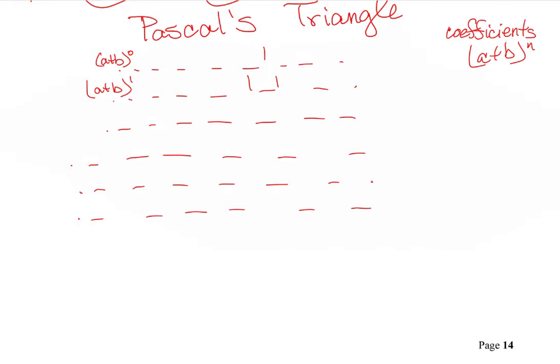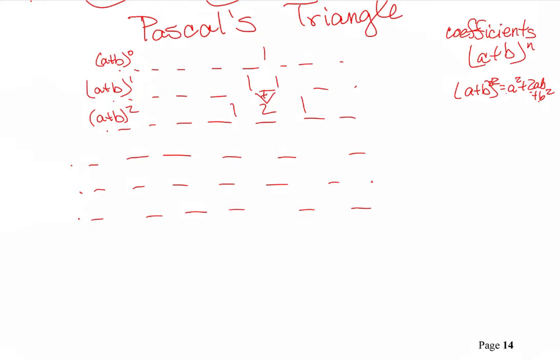Because I just have a plus b, right? So what if I have a plus b squared? Well, we know what a plus b squared is. A plus b squared is a squared plus 2ab plus b squared. So we know our coefficients are 1, 2, 1.